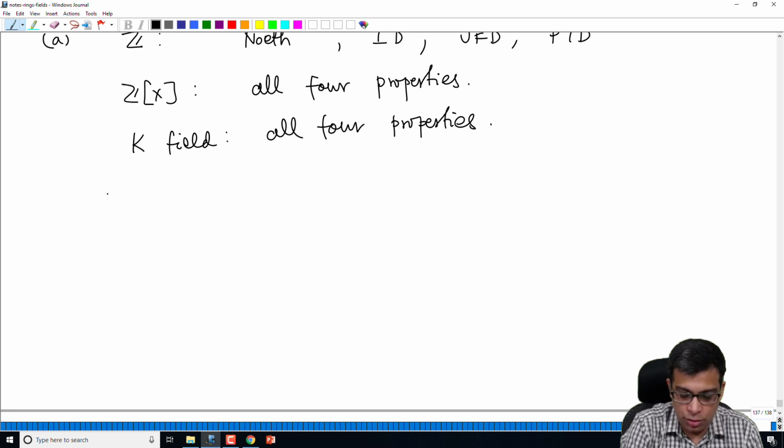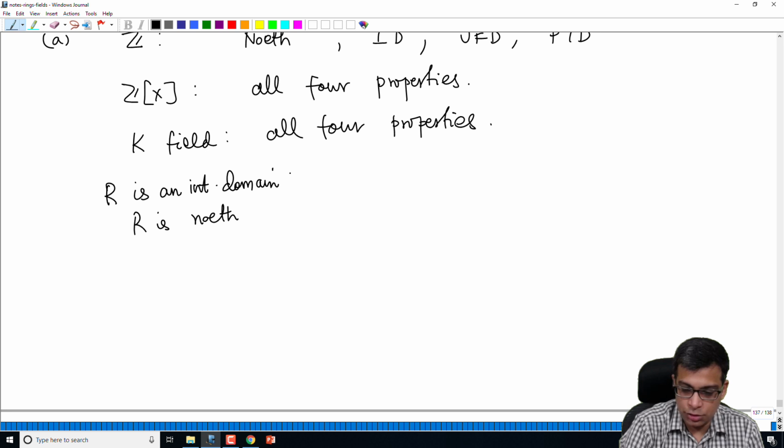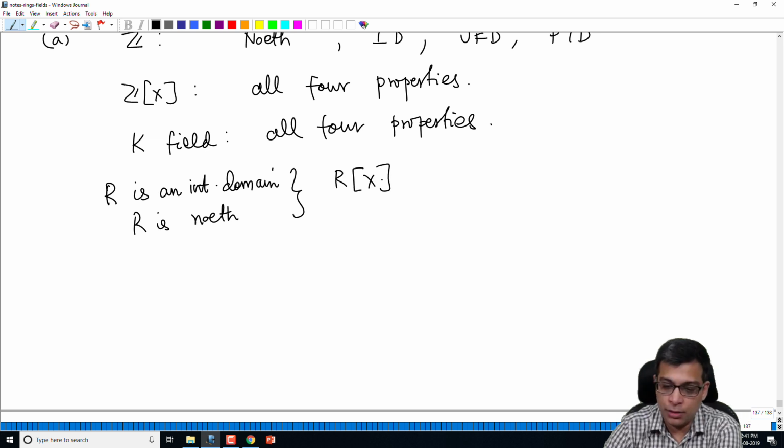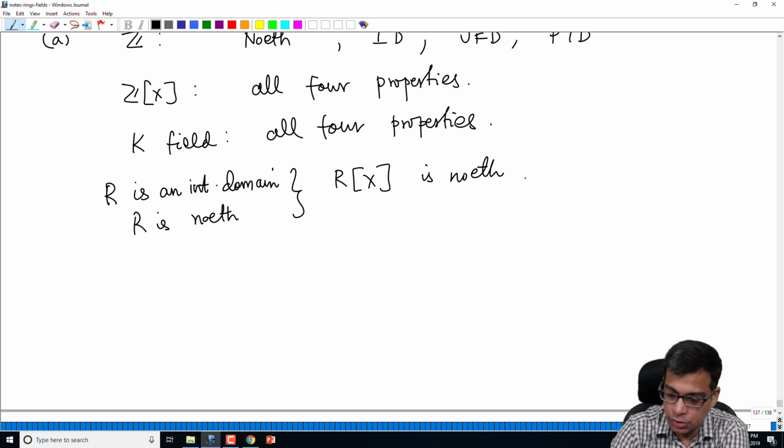What about, if R is an integral domain, and R is Noetherian, what about R[x]? This is an arbitrary ring which is an integral domain and Noetherian, then this is Noetherian, right?